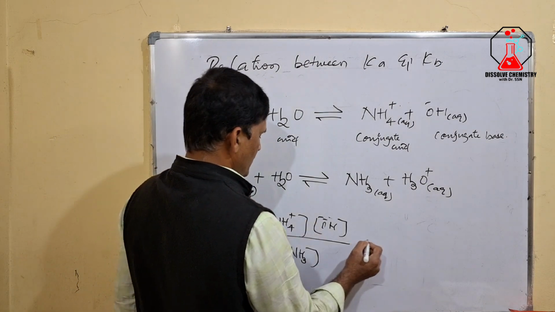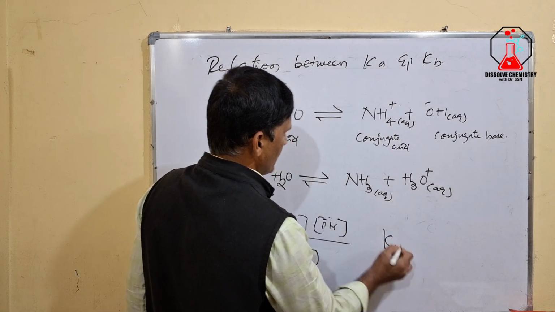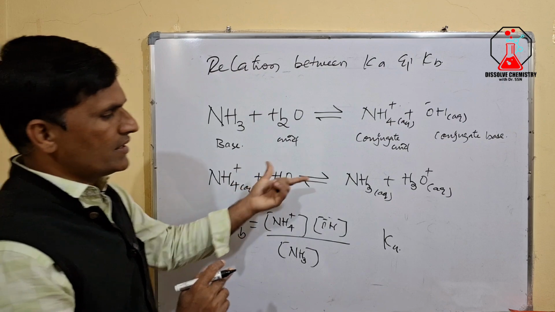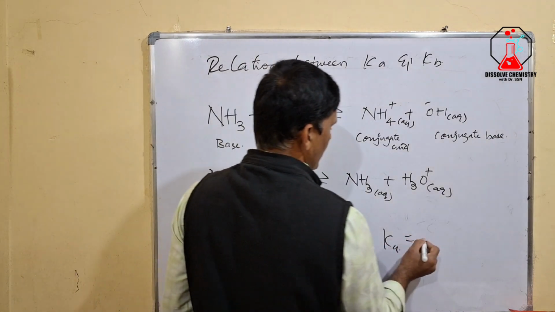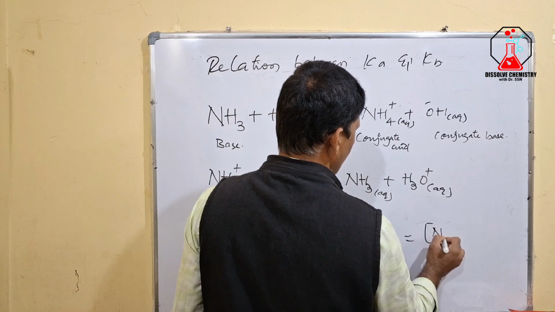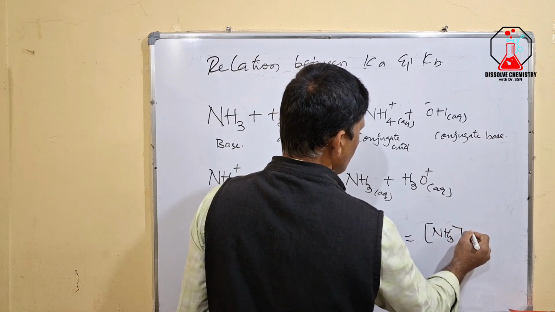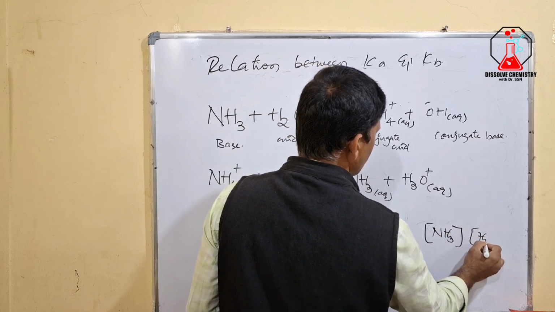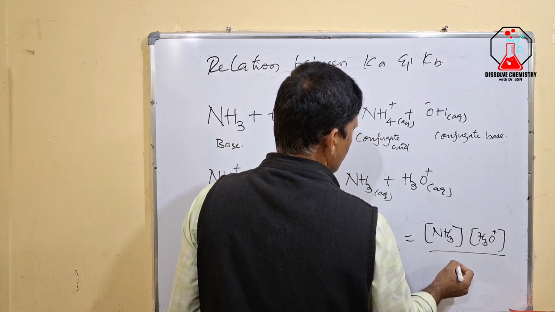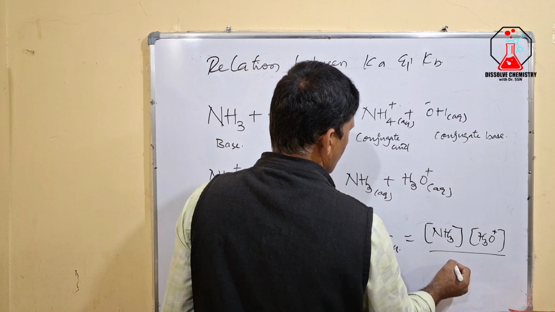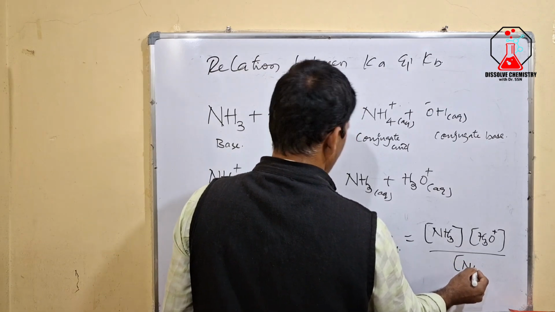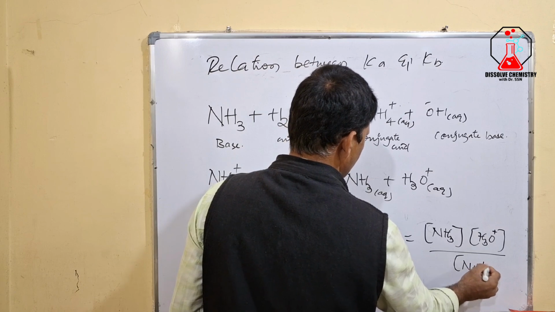Then Ka, as it is the dissociation of an acid, is equal to NH3 into H3O plus divided by NH4 plus.